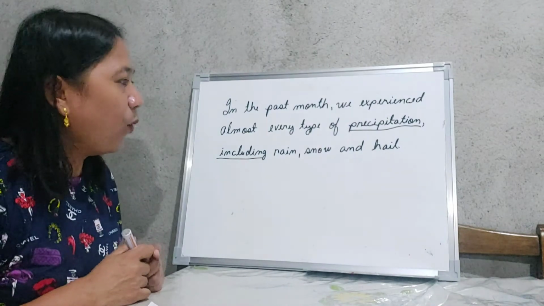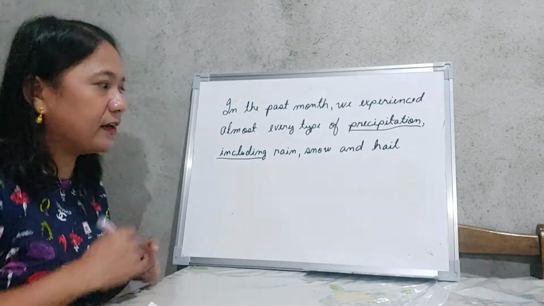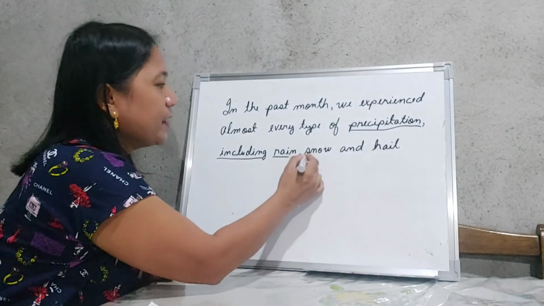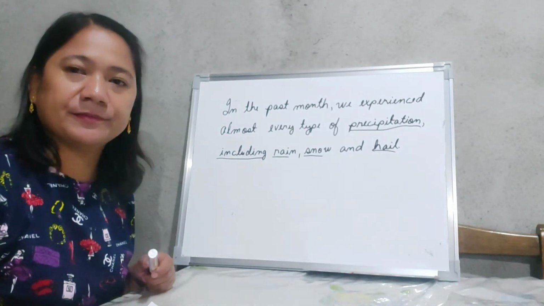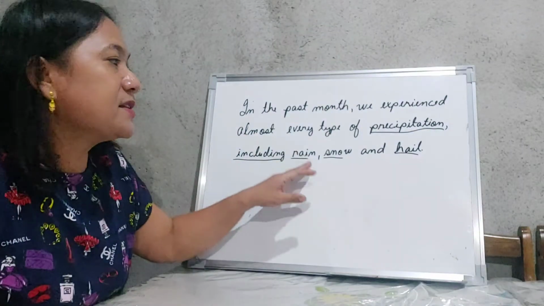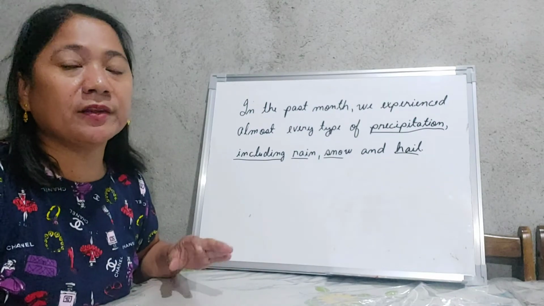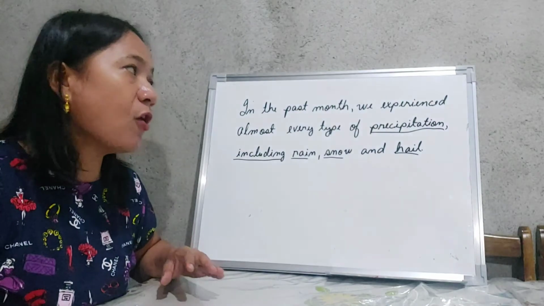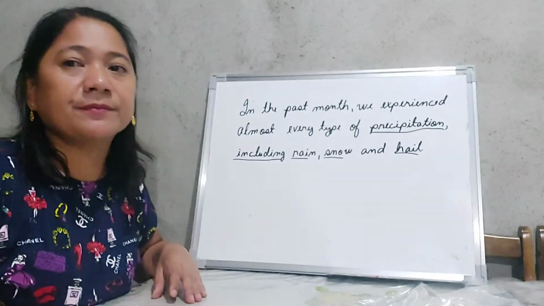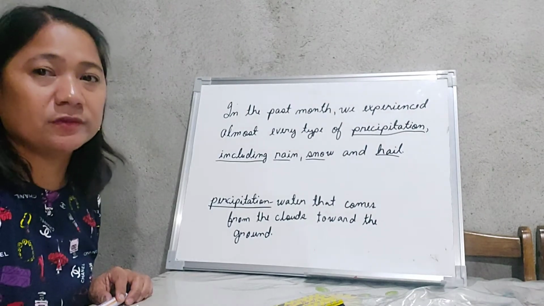And what are the examples of precipitation here? These are rain, snow, and hail. Since these three examples are different forms of water that come from the clouds, we can conclude that the meaning of precipitation is water that comes from the clouds toward the ground.